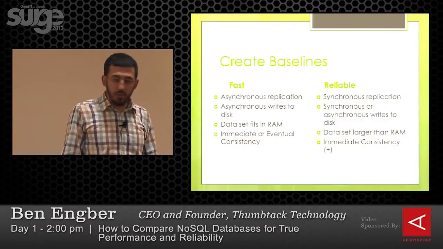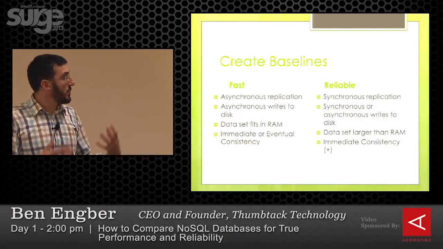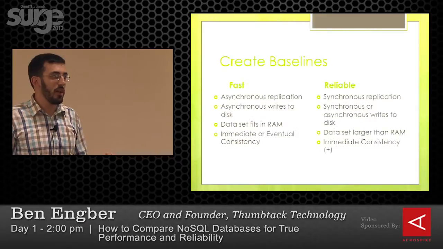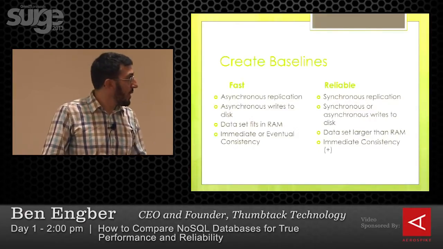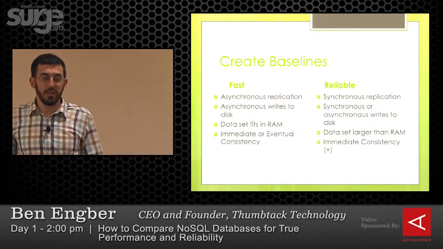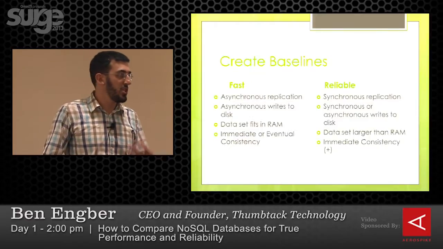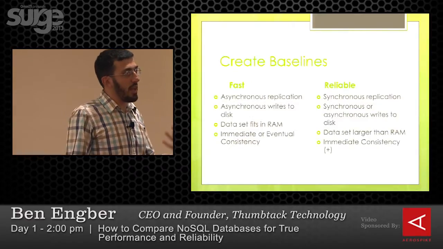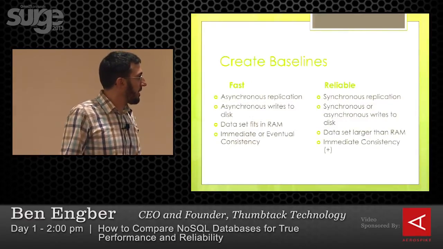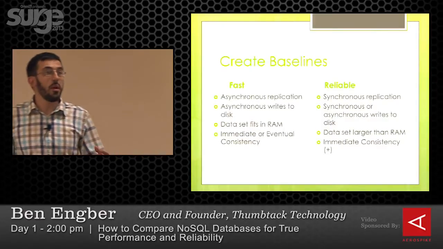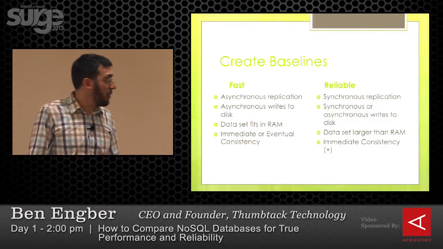What this boils down to is we ran a series of tests and we created two baselines for these databases to measure. One was as fast as we could possibly make everything. That's doing asynchronous replication, storing things as much in RAM as possible, using whatever consistency model was the fastest for the database and so forth. And then we put things in a reliable mode, guaranteeing consistency, and maybe even more.